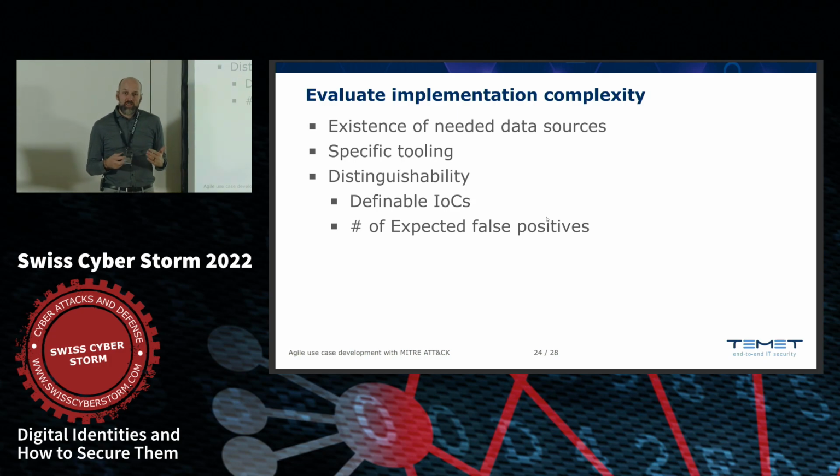So the distinguishability is very hard. You probably need extra tooling for user behavior analytics or stuff like that, and you might not have this, so you cannot implement this straight away. If you want to implement it, it will be of high complexity because you don't have definable IOCs, or the number of expected false positives is quite high.